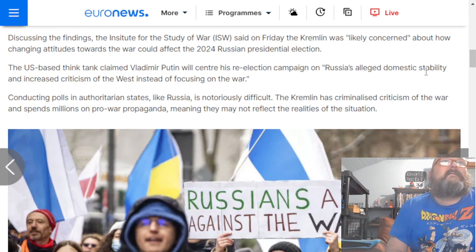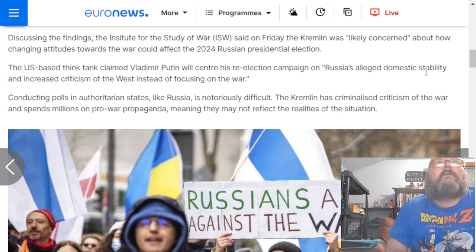Discussing the findings, the Institute for the Study of War said on Friday the Kremlin was likely concerned about how changing attitudes toward the war could affect the 2024 presidential election in Russia. The U.S.-based think tank claimed Vladimir Putin will center his re-election campaign on Russia's alleged domestic stability and increase criticism of the West instead of focusing on the war.